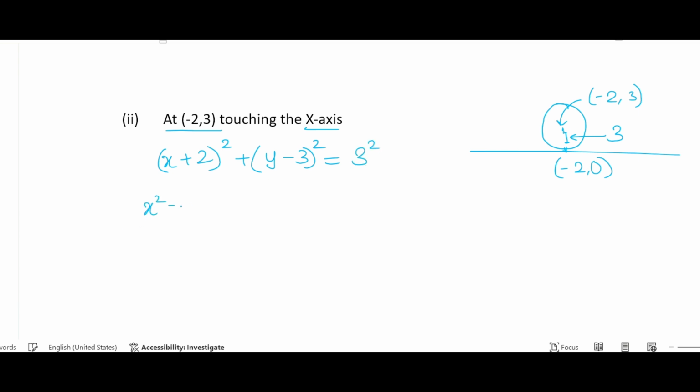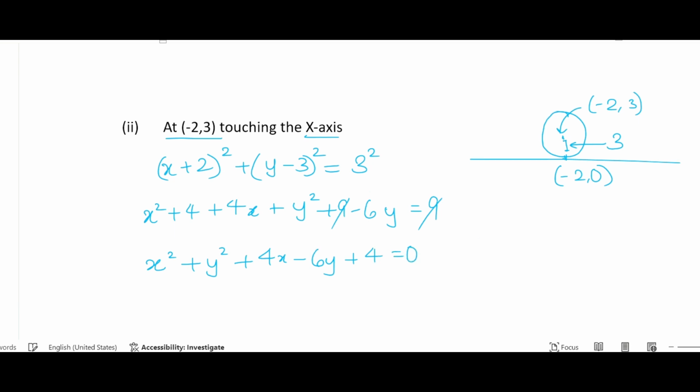So you have x square plus 4 plus 4x plus y square plus 9 minus 6y is equal to 9. Cancel 9 and 9. So writing the equation finally, x square plus y square plus 4x minus 6y plus 4 is equal to 0.